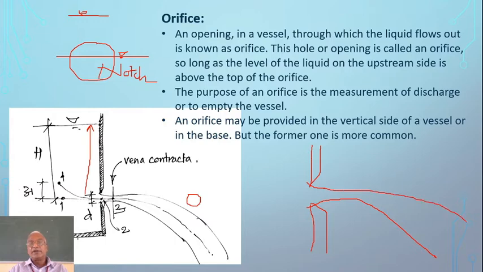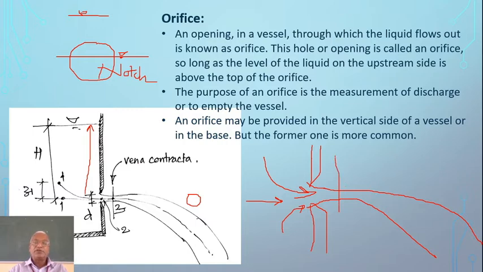Here also it ejects like this, meaning somewhere the diameter reduces and reaches a minimum, and then afterwards it enlarges in size. So water when it comes, obviously it will have a tendency, and because of that tendency the decrease in the diameter happens, and the least diameter section is known as the vena contracta.